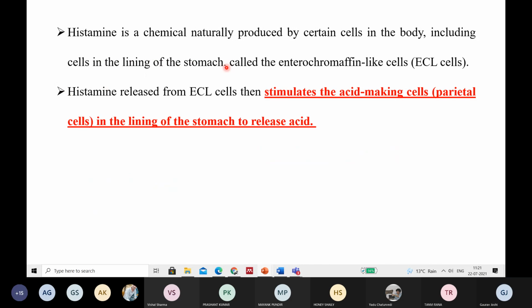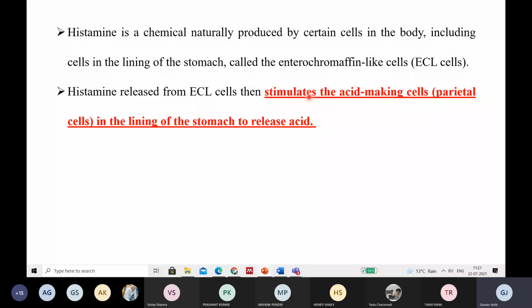Now this I have already discussed. Basically histamine is naturally produced by certain cells in the body, including cells of the lining of the stomach. So basically in the stomach we'll be dealing with the ECL cells, right? So histamine released from the ECL cells then stimulates the acid making cell, right? So basically histamine will release from where? Histamine will release from the ECL cell, or the enterochromaffin cells, and it will stimulate what?